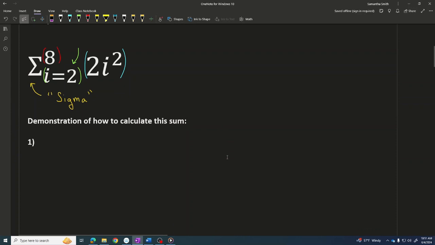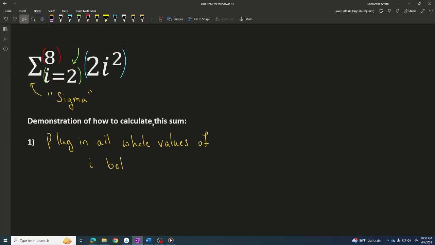So the first thing that I would do if I wanted to express or calculate the sum associated with this sigma notation, step number one of calculating this sum, is to plug in all of the whole number values of i between, in this case, the lowest value here of 2 and the highest value in this case being 8.